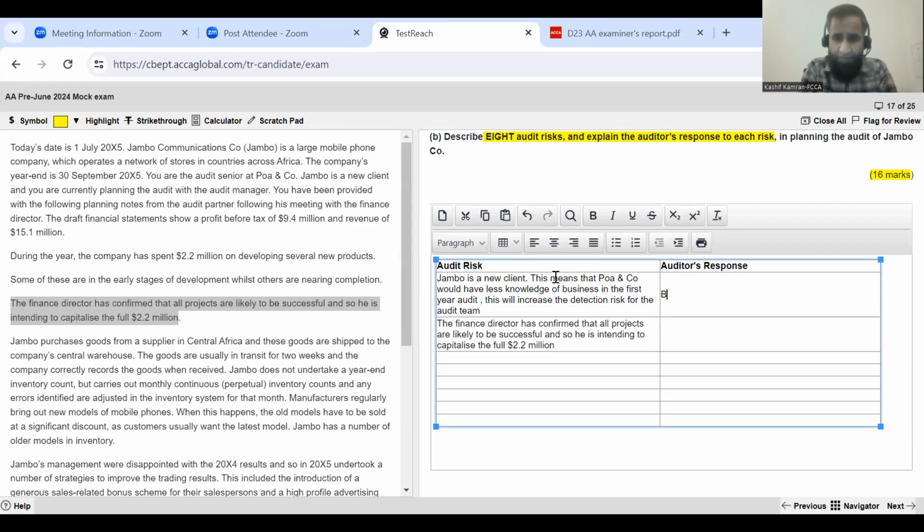Being the first year audit, you need not rote learn the responses, because responses will come naturally. You look at the situation in the risk column, and then you write the response.